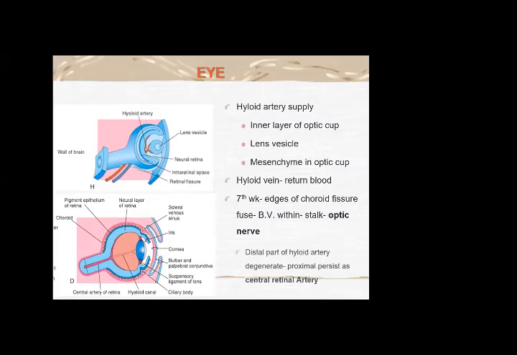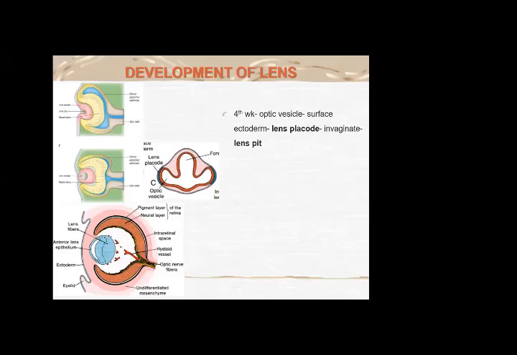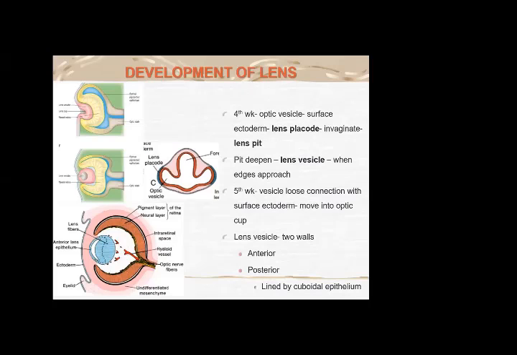forebrain. जबकि lens vesicle जो develop हुआ है, ये optic vesicle is formed by the evagination of forebrain, जबकि lens vesicle thickening of surface ectoderm.